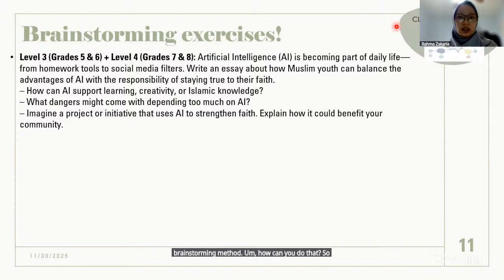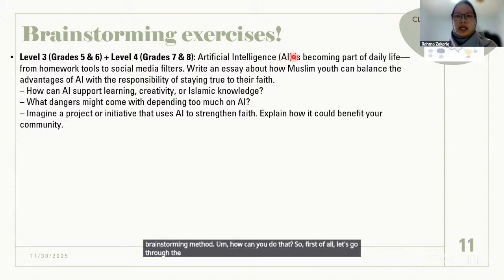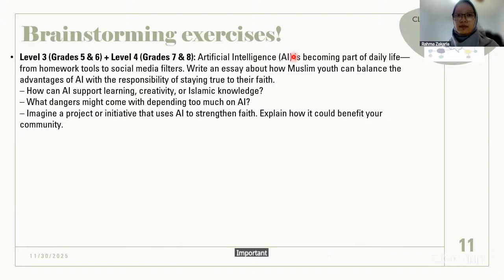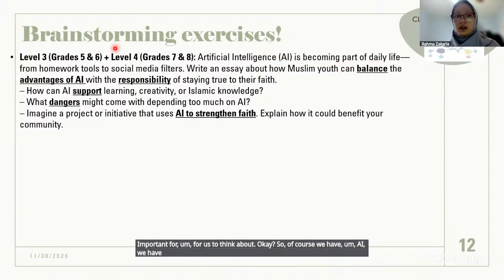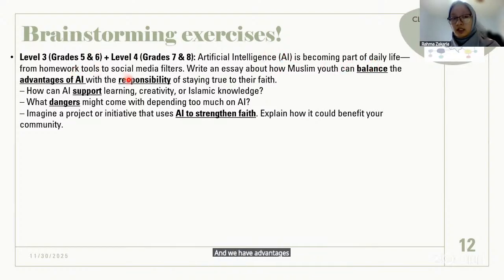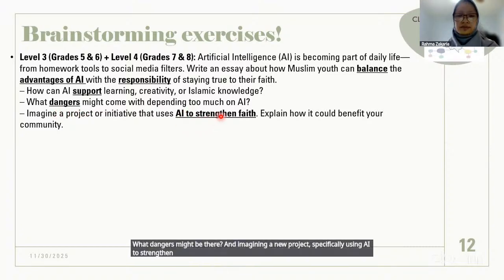So first of all, let's go through the topic and highlight some of the words that might be really important for us to think about. Okay, so first we have AI, we have balance, and we have advantages and responsibilities. How can AI support? What dangers might be there? And imagining a new project, specifically using AI to strengthen faith.